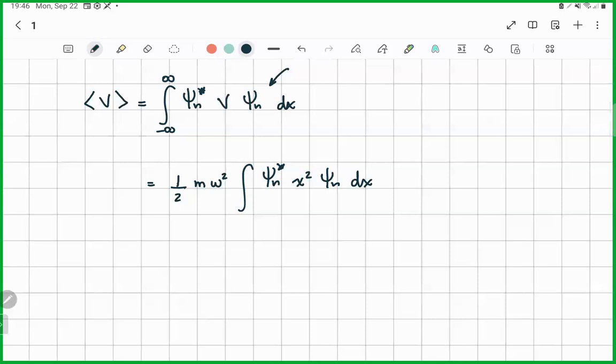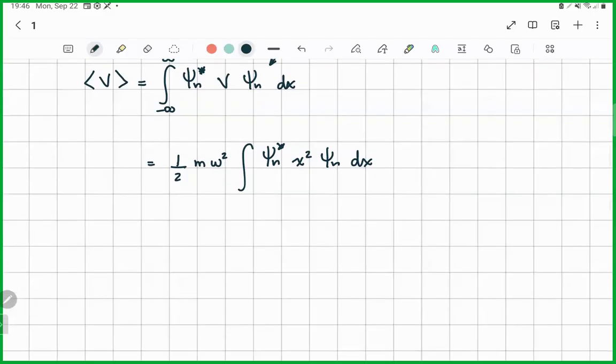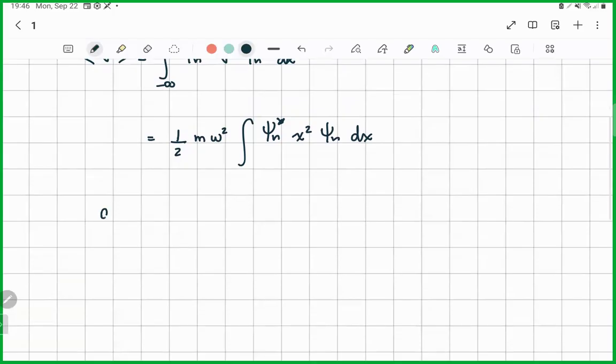Well, let's remember the definitions of the ladder operators. So the A plus is 1 over the square root of 2m h bar omega, all this in the square root. Here we have minus iP plus m omega x.